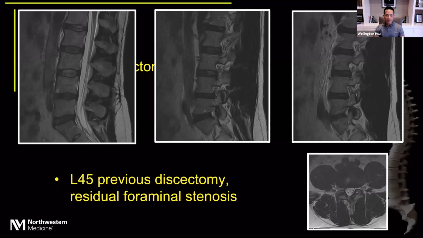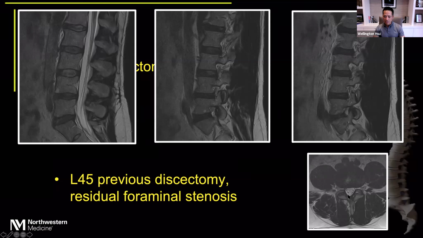This is another really good candidate for somebody with a MIS TLIF. And again, right here, this is the right side, and then this is the left side. There's not a big difference, but there is a difference. And so on the right side, this patient had a previous L4-5 microdisc, didn't get his leg pain better, or had recurrent symptoms.